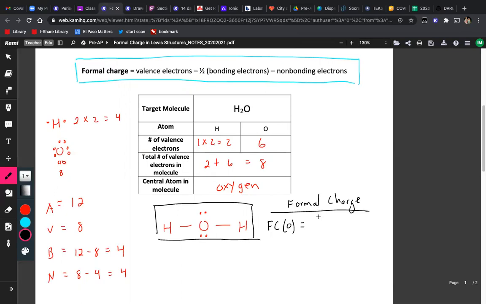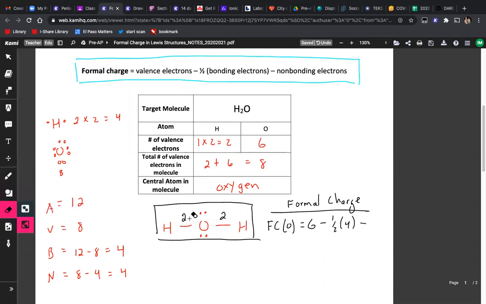Okay. So our number of valence electrons is going to be 6. All right. And then it's going to be half the bonding electrons. Well, how many electrons are bonding to oxygen right now? We have these 2 and these 2, right? So oxygen has 4 electrons bonding to it. We're going to take half the bonding electrons, so I'm going to write this, times 4.